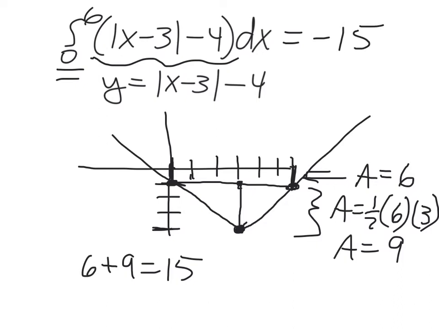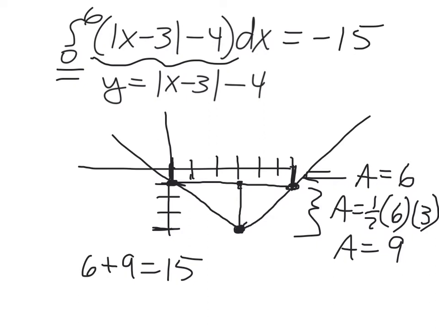-15. Well, it's not a coincidence that the area came out to be 15. We just have to realize the definite integral, if we're talking about area under the x-axis, we're going to end up with a negative value for the definite integral. If the area is above the x-axis, then it will be a positive value for the definite integral.